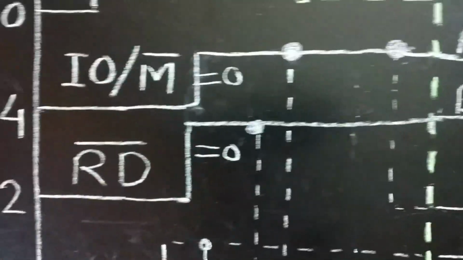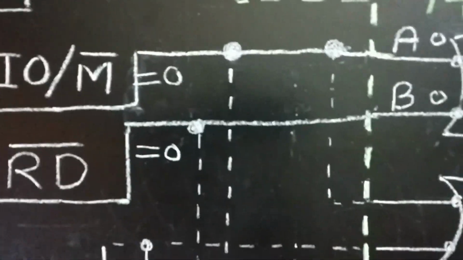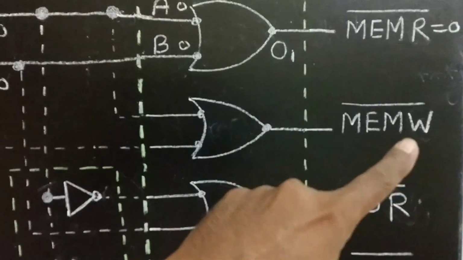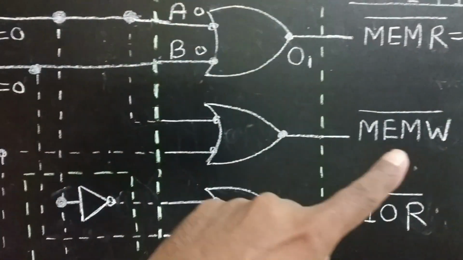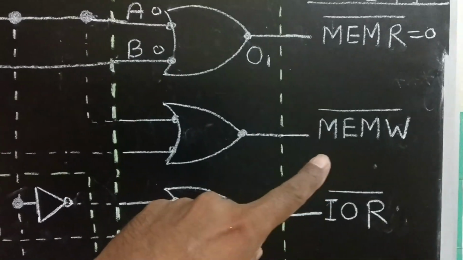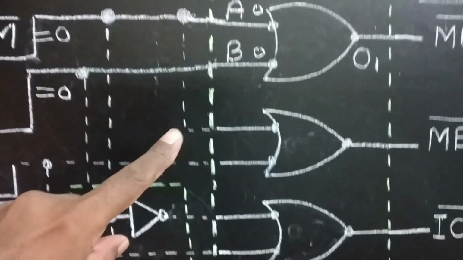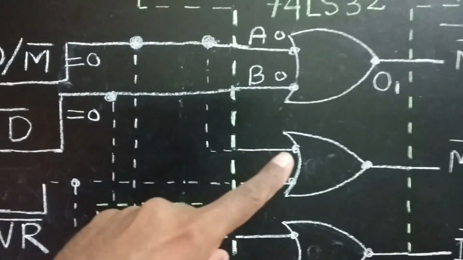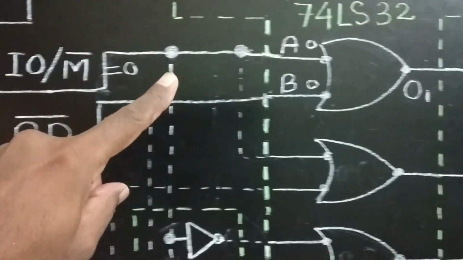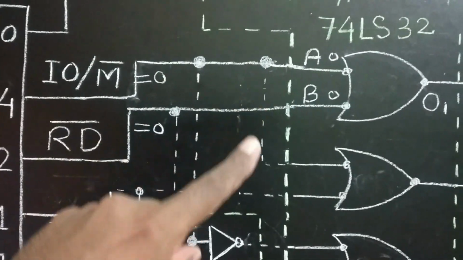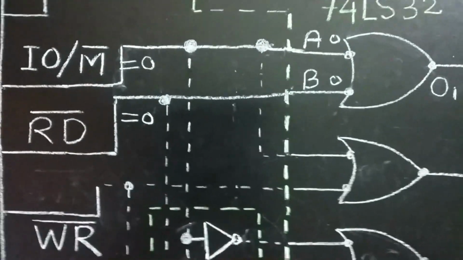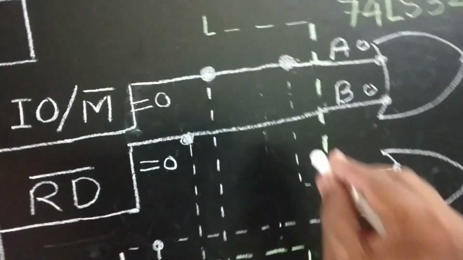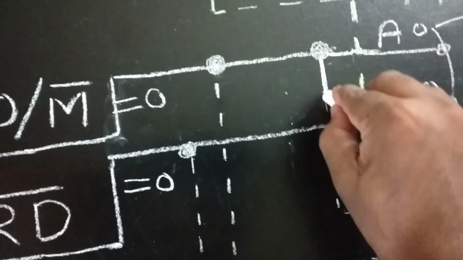Thus for generating the memory write bar signal, which must be equal to 0 for write operation, we should have this signal which is drawn from the IOM bar. This signal must be equal to 0. Thus this IOM bar must be connected here.